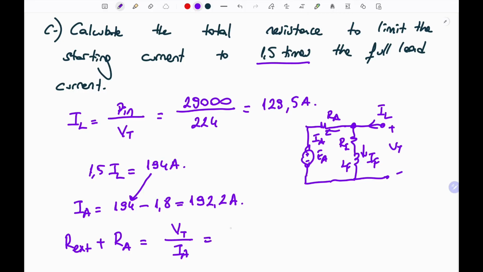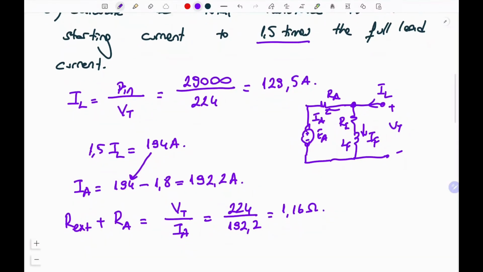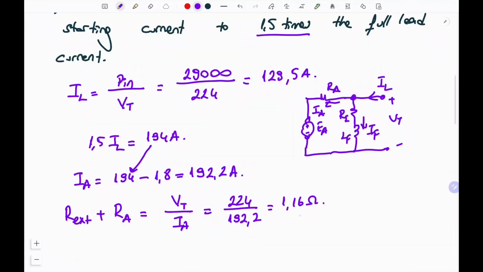We have 224 volt, and according to our calculation, the current will be 192.2. So 1.16 ohms will be the total resistance. If you want to clarify how much external resistance you need, you can subtract RA, and the external resistance will be 0.92 ohms.